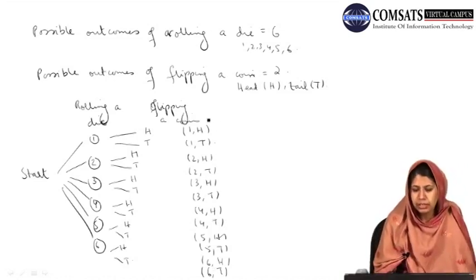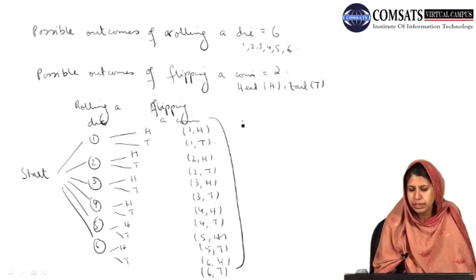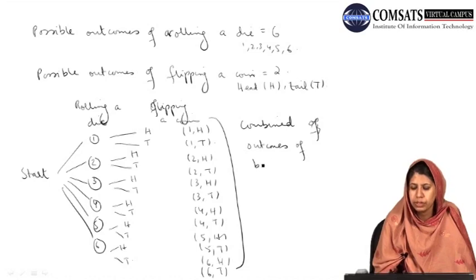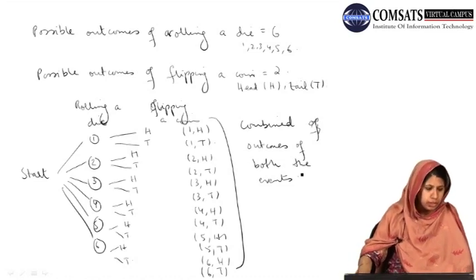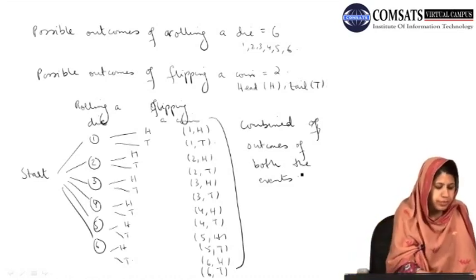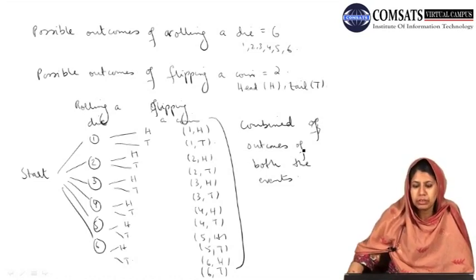So these are basically the combined outcomes of both the events. Both the events means first we are rolling a die and then we are flipping our coin. So this gives us basically how many outcomes? 12 possible outcomes.